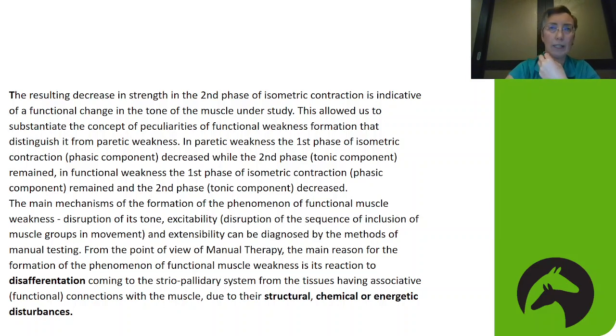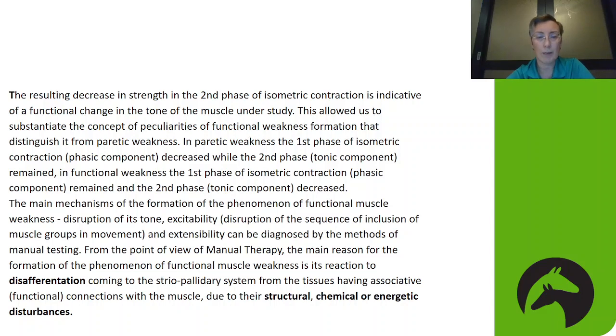So during the test, when we put a girl in a heterolateral pattern, her hand has strength. In homolateral pattern, her hand has weakness, and it's a normal test. And we saw it.